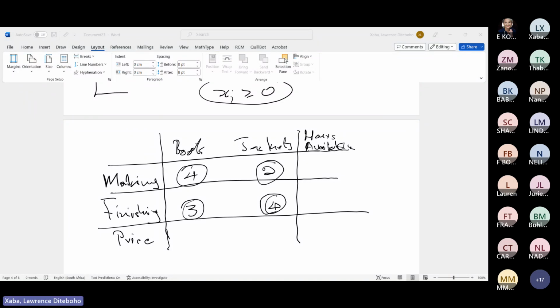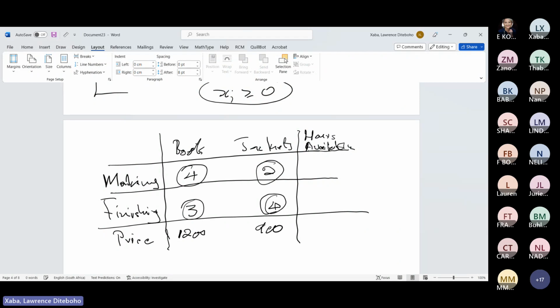And the last part says they sell a pair of boots at 1,200. So each complete pair of boots is 1,200, and each jacket sells for 900.